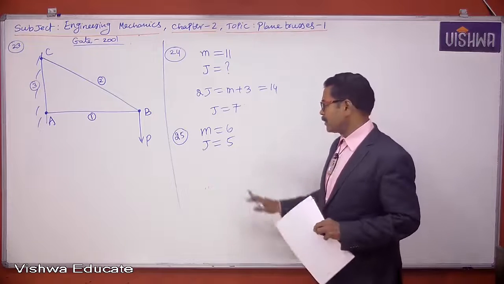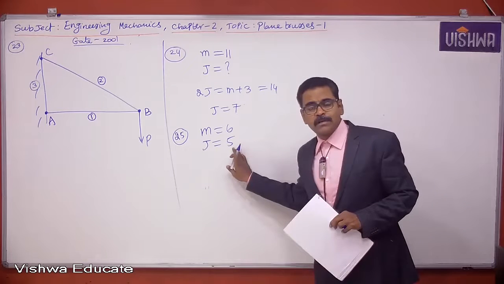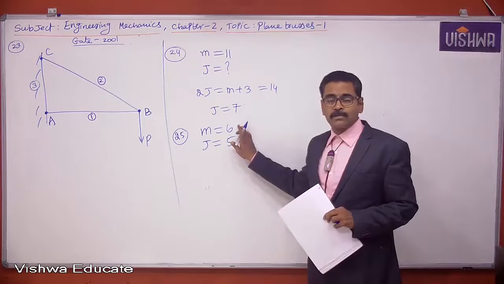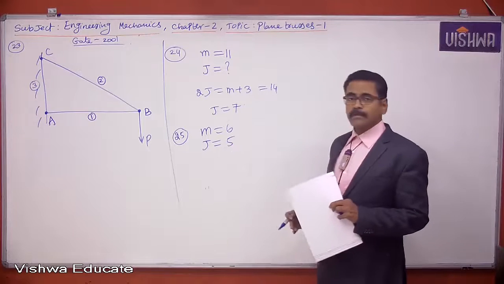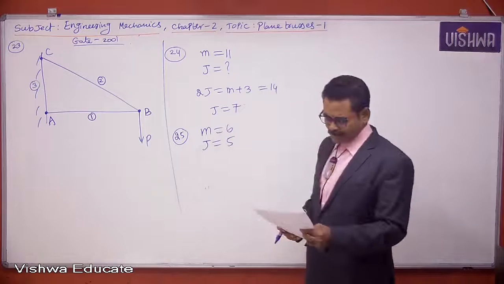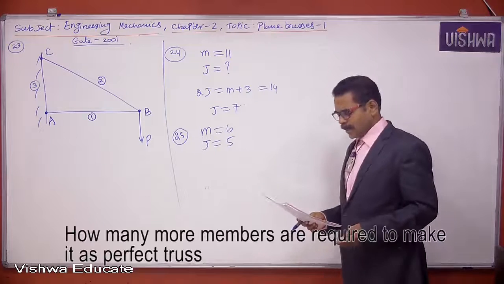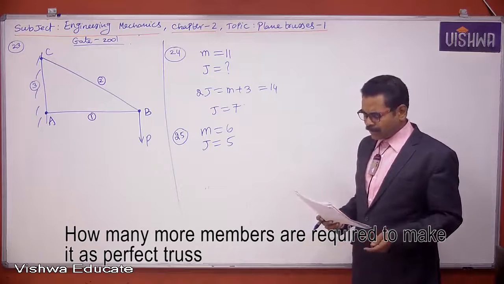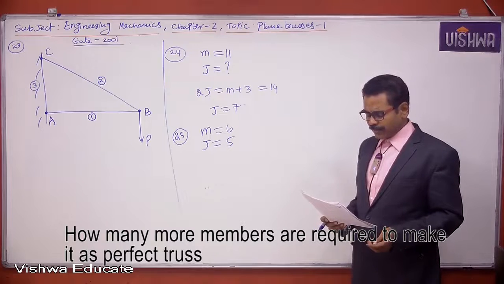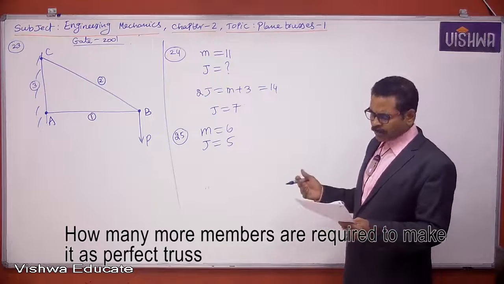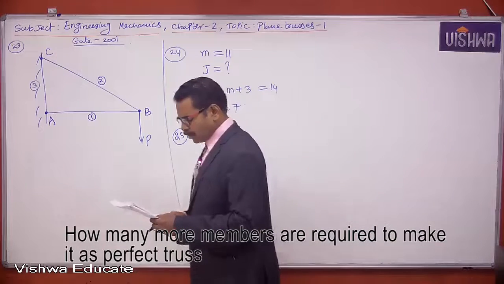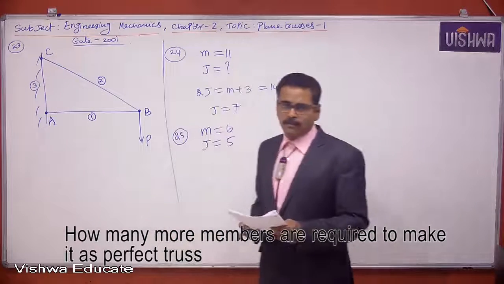So 2j means 2 into 5, 10, and m plus 3 means 6 plus 3, 9. Here 2j is more than m plus 3, so it is definitely a collapsible truss, not a rigid truss. The question is: how many more members are required to make it a perfect truss?